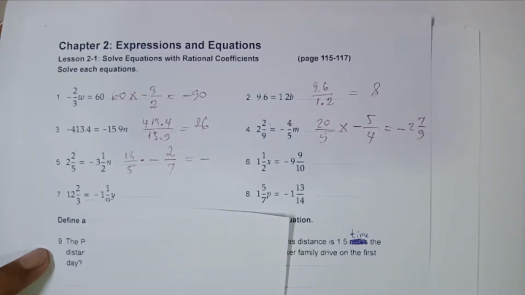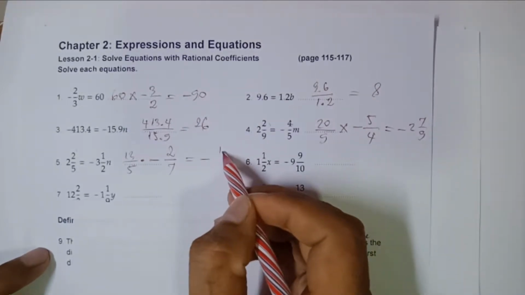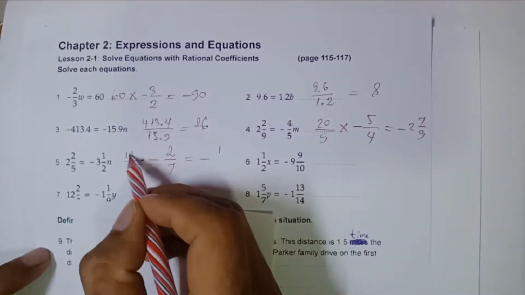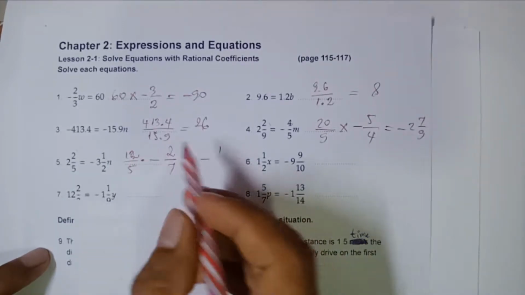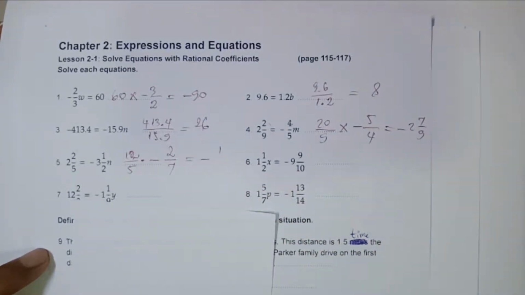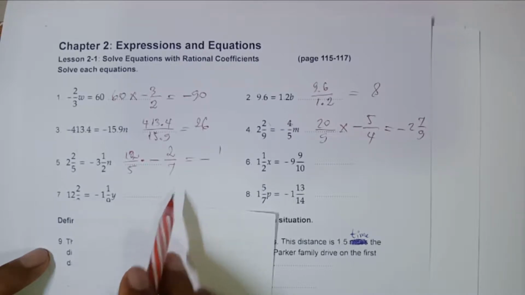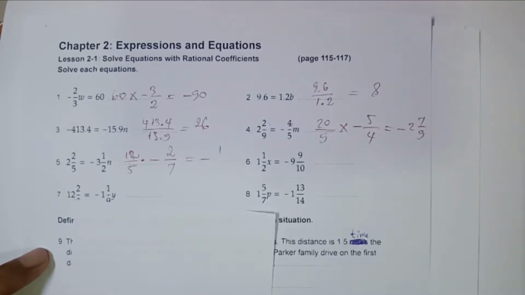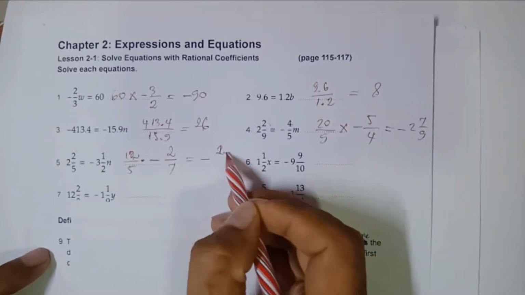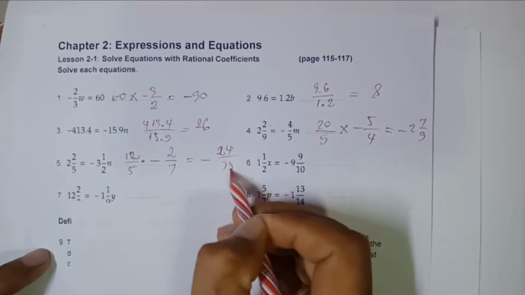So you got 24 over 35. Let me check, 24 over 35. No, this cannot be simplified. So you got negative 24 over 35.